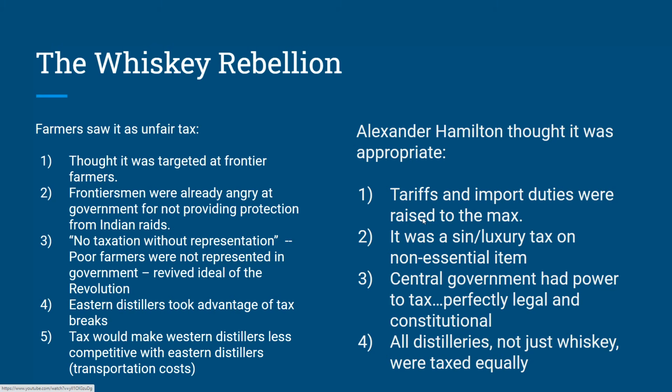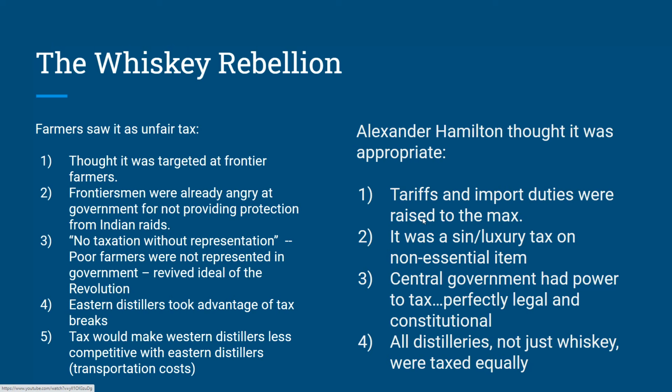First of all, they thought this tax was targeted right at them. Frontiersmen were already angry at the government for not providing protection from Indian raids. Many of these poor farmers, these frontiersmen, weren't able to vote yet. So think about that revolution mantra, no taxation without representation.